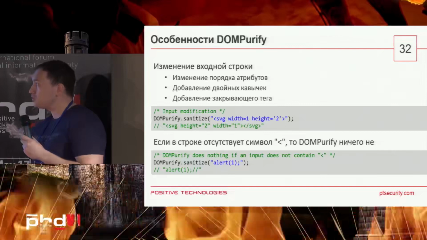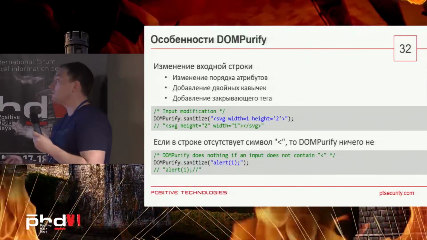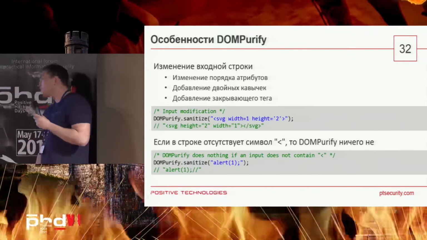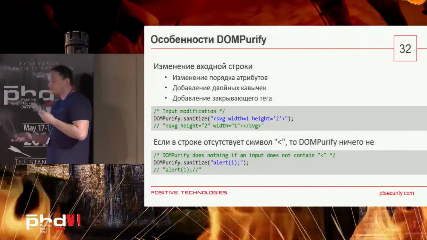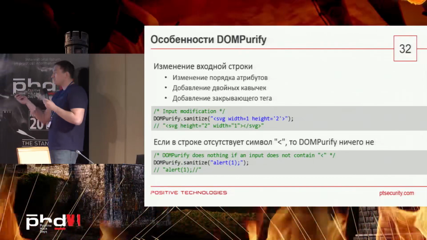These are some of the features of DOM Purify that are hard to use. In the first place, the order of attributes is changed. There can be additional closing tags. There can be double quotation marks.